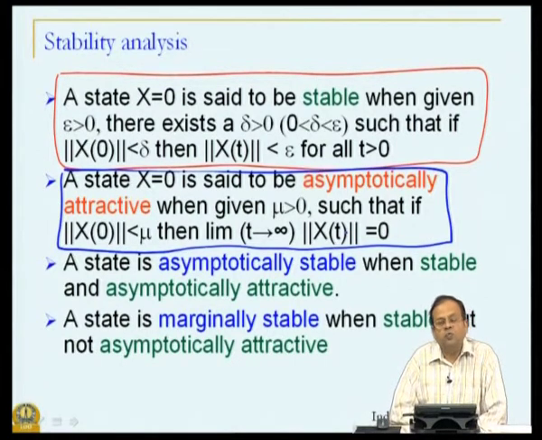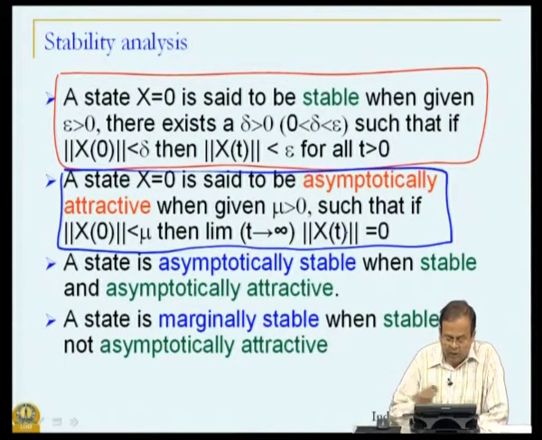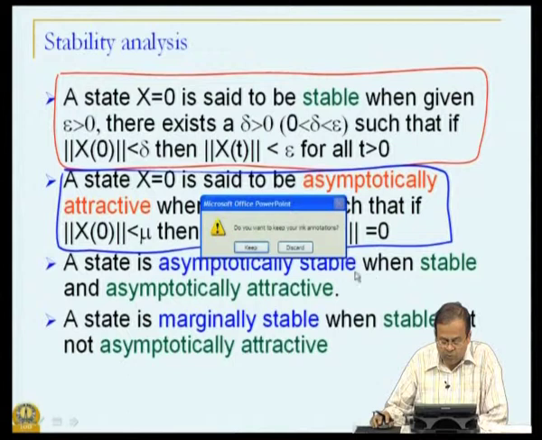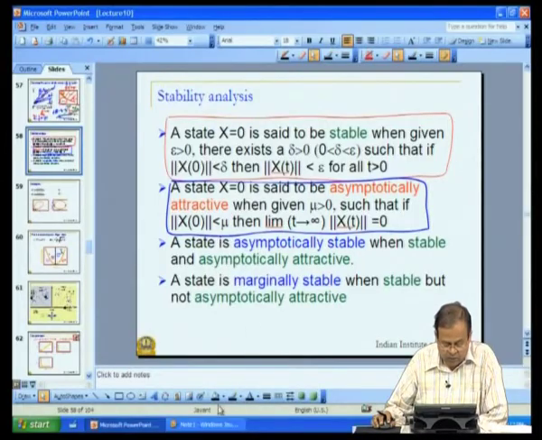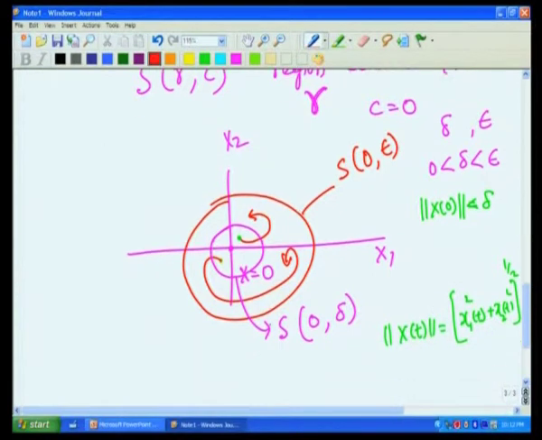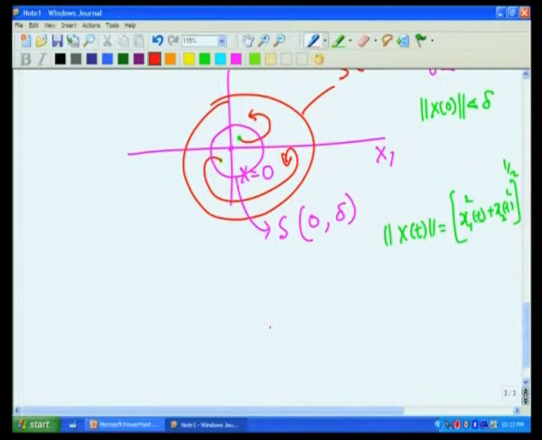This is when we say that this system is asymptotically attractive. Now, let us go back and see what is meant by an asymptotically attractive state. This is what we said about asymptotically stable.